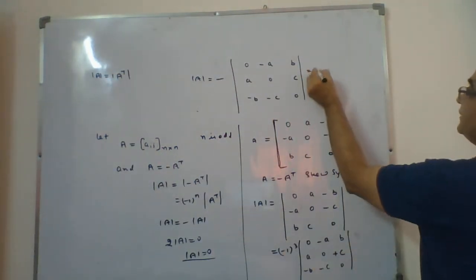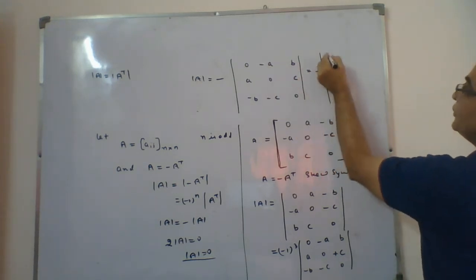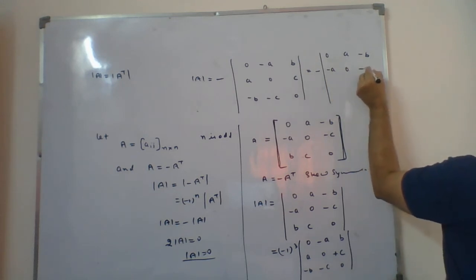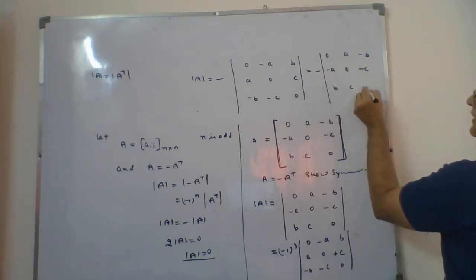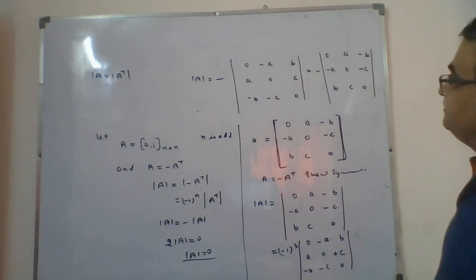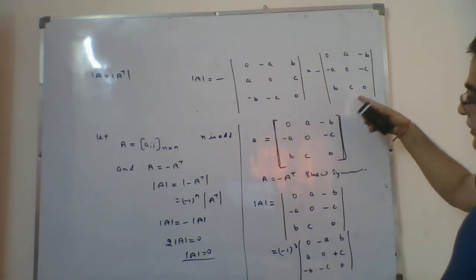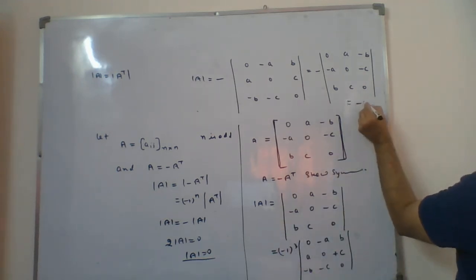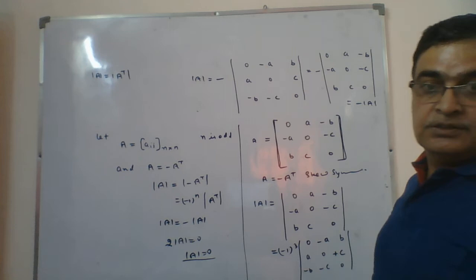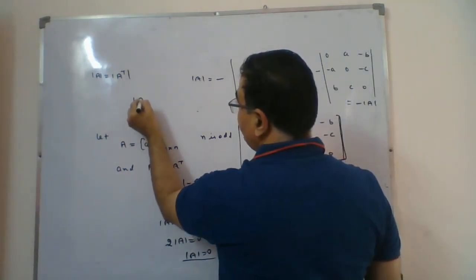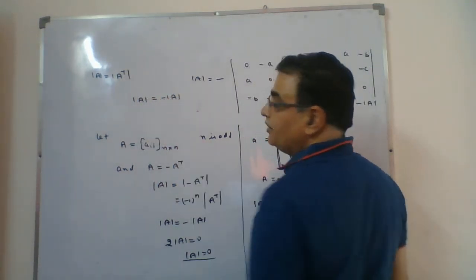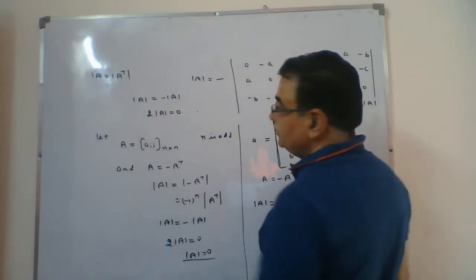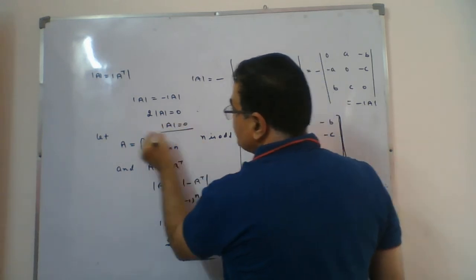So if you take this transpose, minus remains as it is, you take transpose: 0, A, minus B, minus A, 0, minus C, B, C and 0. Is it your matrix A, determinant A? Yes. So what will this come out to be? Minus of determinant A. That means determinant A comes out to be minus of determinant A, or I should say twice of determinant A is 0. That indicates determinant A is 0.